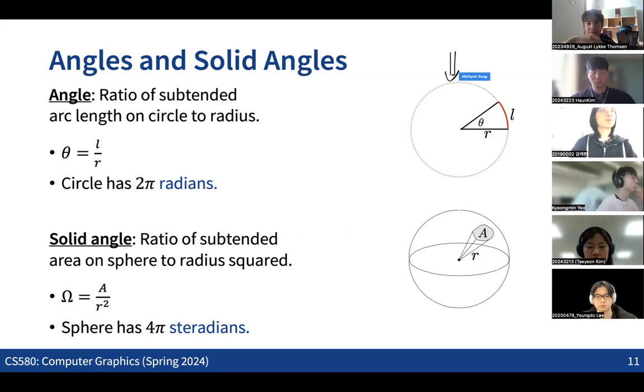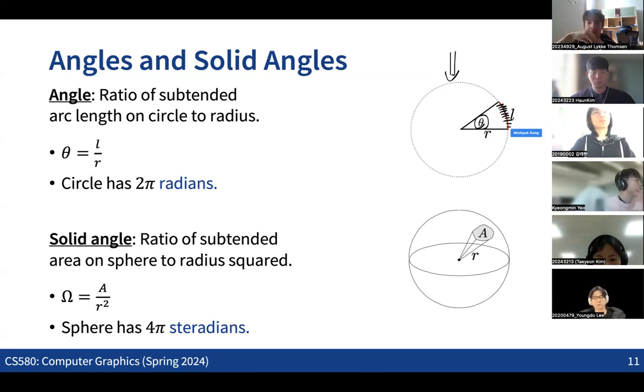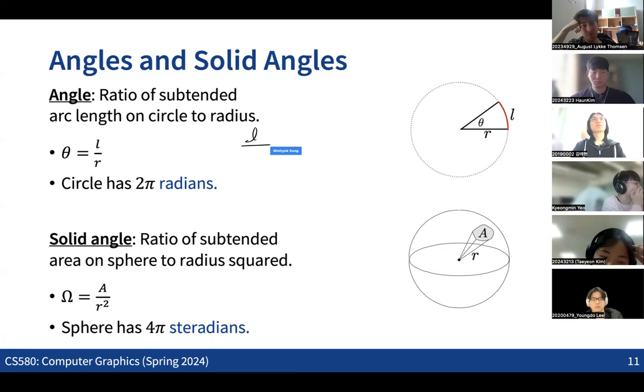If we define an angle like this, we see an arc, a curve, which is subtended by the given angle. So for each angle, we have a corresponding length of the arc curve defined by subtending the given angle. Then if we measure the ratio of the length of the arc curve to the radius of the circle, this becomes the unit of the angle, which is defined as the radian, right?